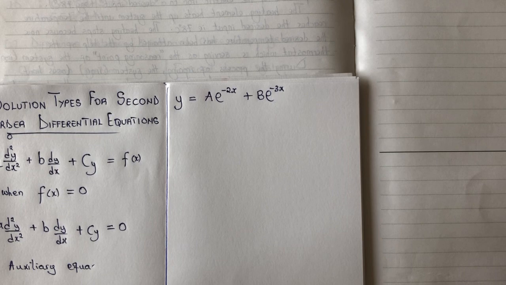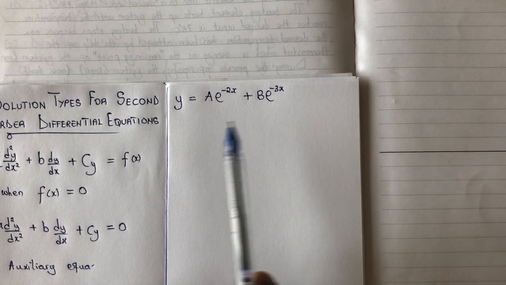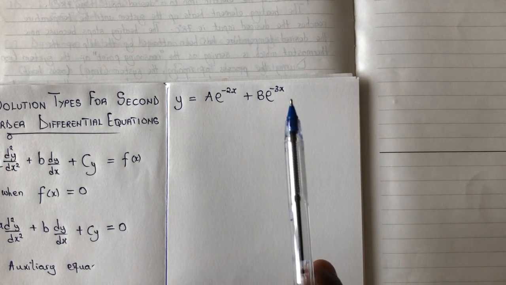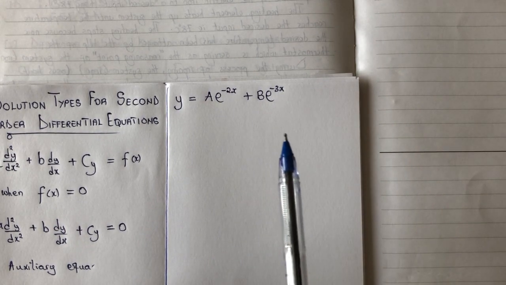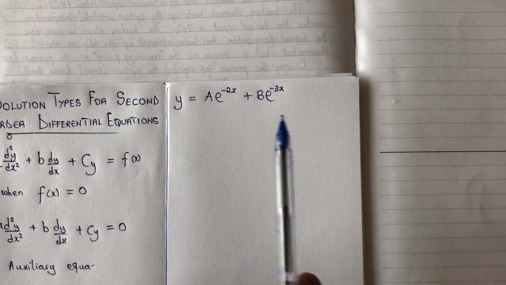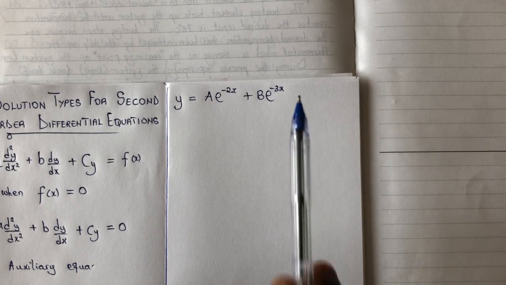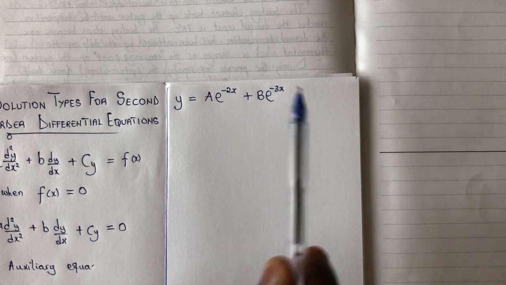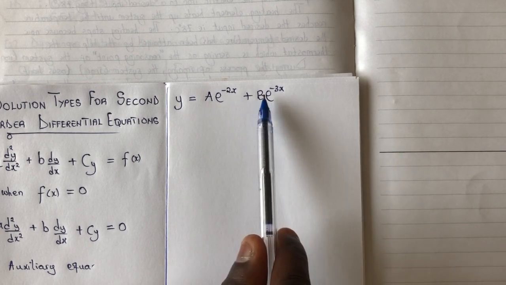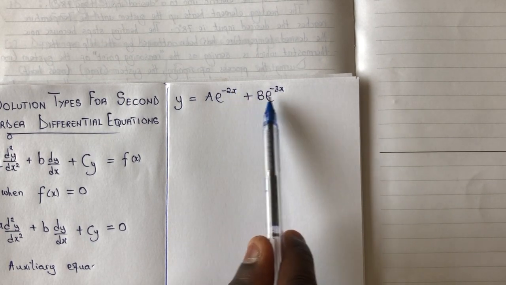If you really need further information about this, you need to read under second order differential equation. It is a proof. You take it like that. If the roots of the quadratic function are real but different, then it means you write the solution a, b, e the first one, and then e the second value.